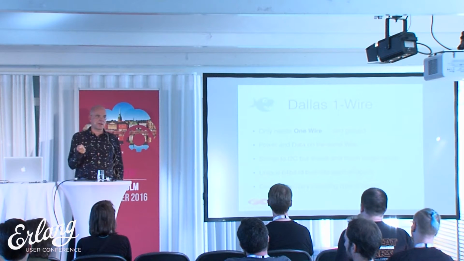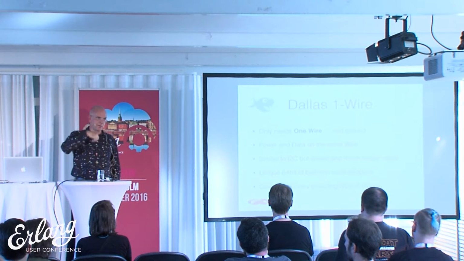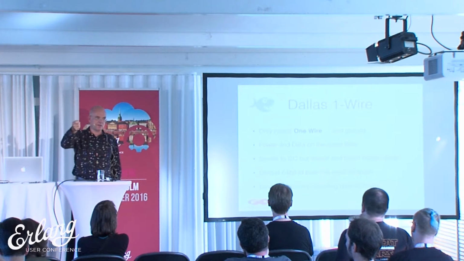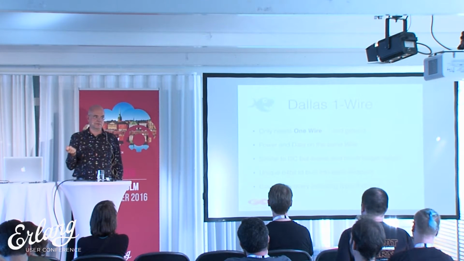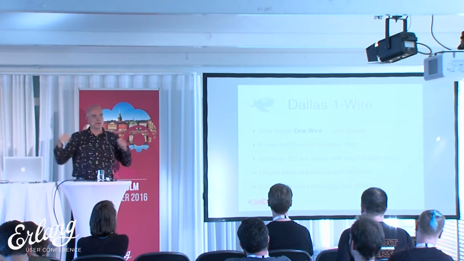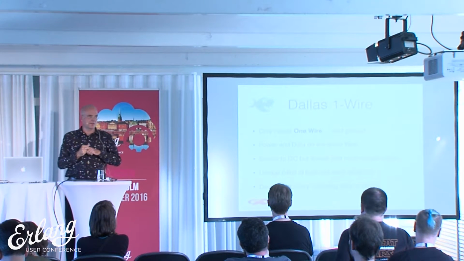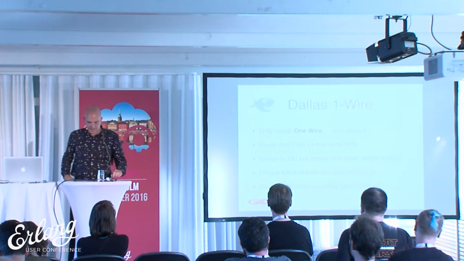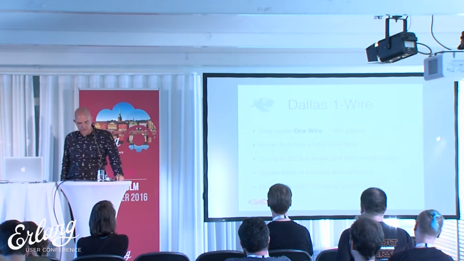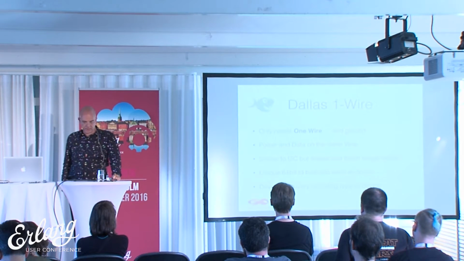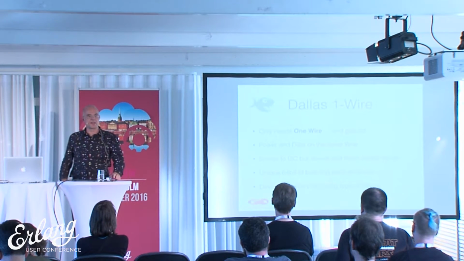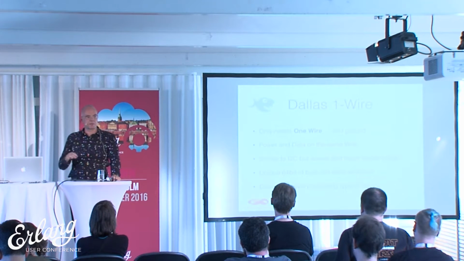Over that other wire you can power your component, so you can send power and data, which is kind of cool. So you have two very thin wires, and you can just power a temperature sensor and read it out. It's quite similar to I2C, an extension of it, but much slower and with a little more data protection.